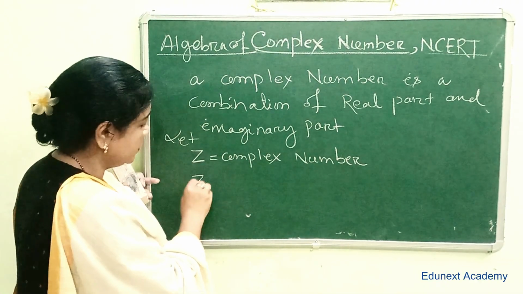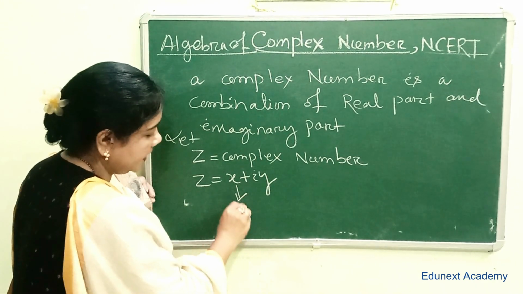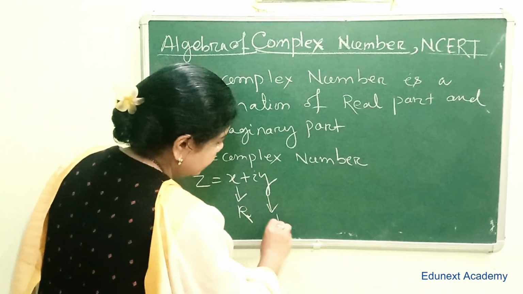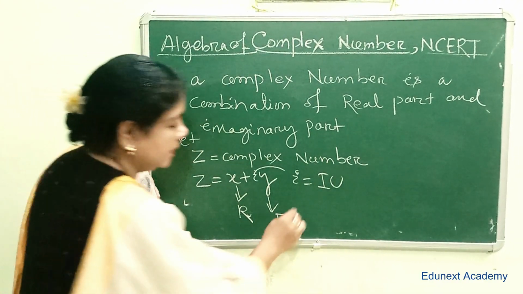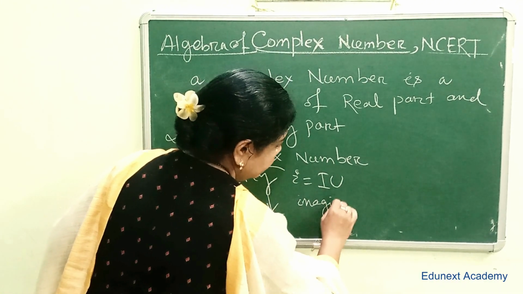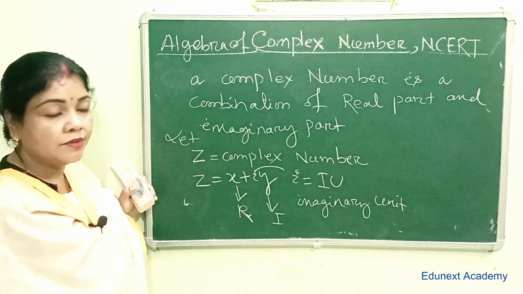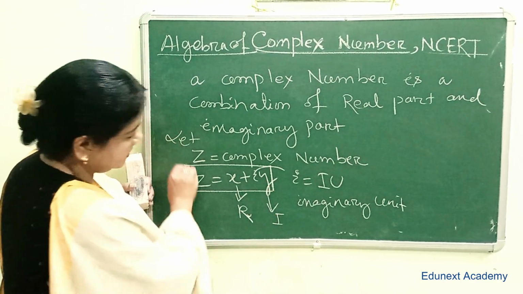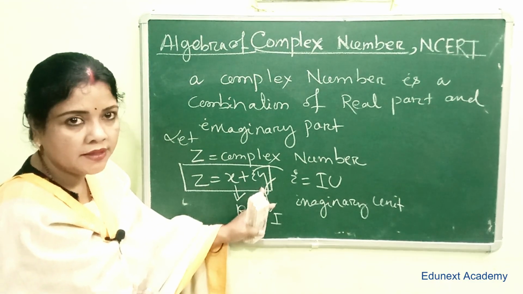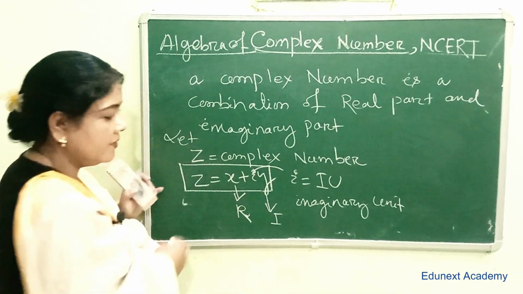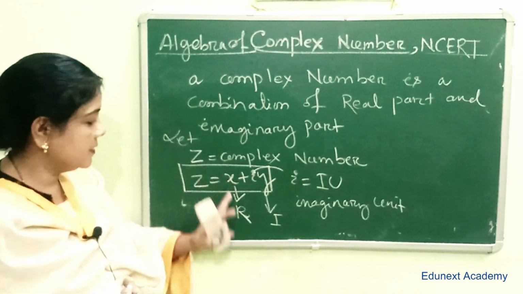It can be written as x plus iy. Here, x is the real part, y is the imaginary part, and i is the imaginary unit. You need to remember that Z is a complex number, a combination of real part plus imaginary part. As it is imaginary, that's why I have written i here. i is the imaginary unit, y is the imaginary part, x is the real part.